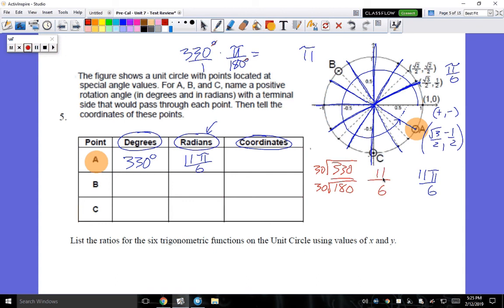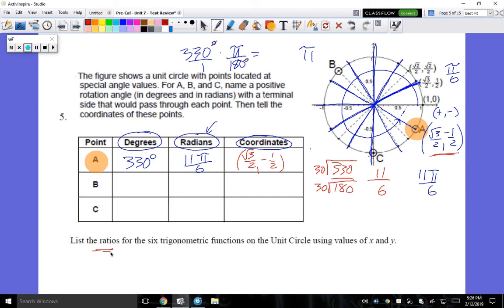So you can do that, but it's best to just have it memorized. And then the coordinates are going to be those 2 points here, which are root 3 over 2 and a negative 1/2. So this is just unit circle memorization pretty much. And then we're going to list the ratios for the 6 trigonometric functions on this unit circle using x and y. Okay, and also r here in just a bit.